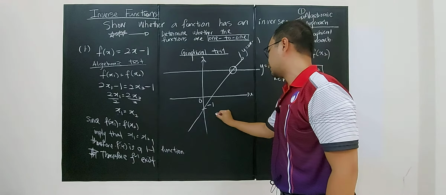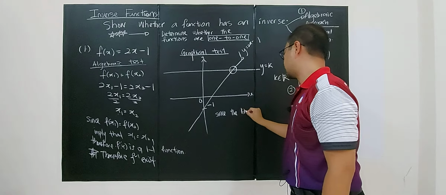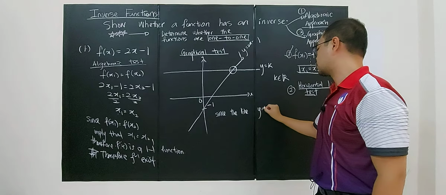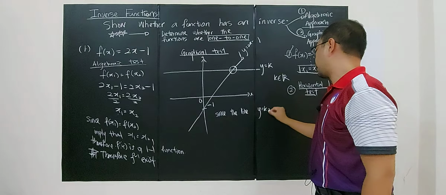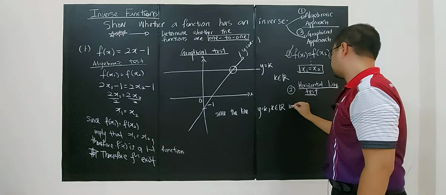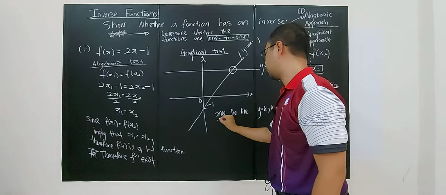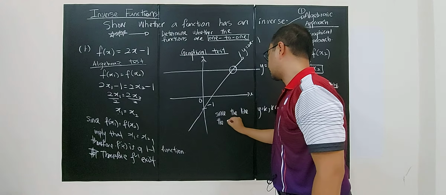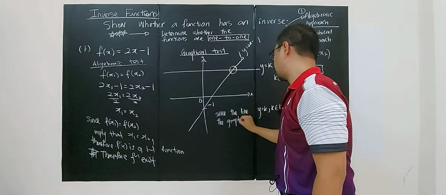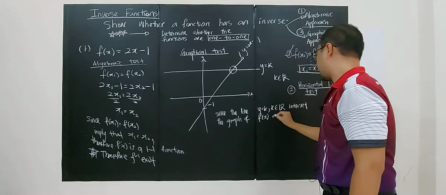So I can do some explanation. Since the line y equals k, where k is any value, intersects the graph of f(x) at most.